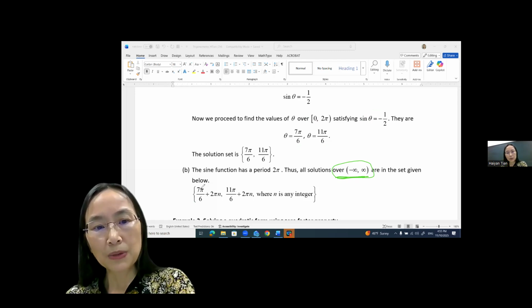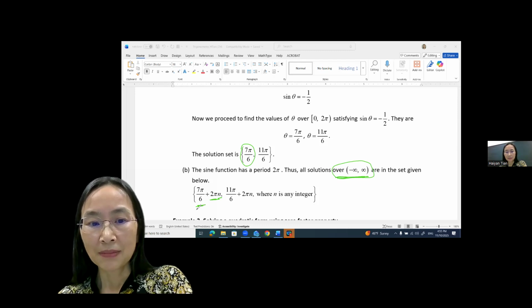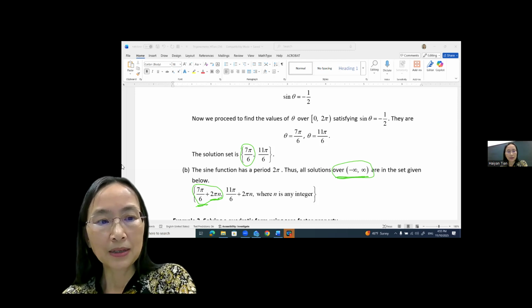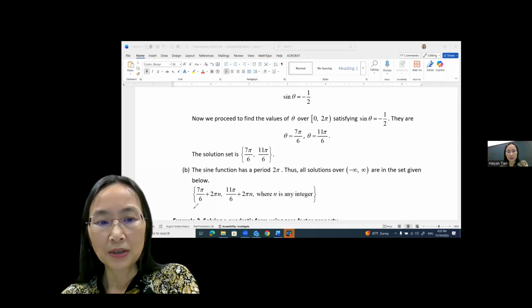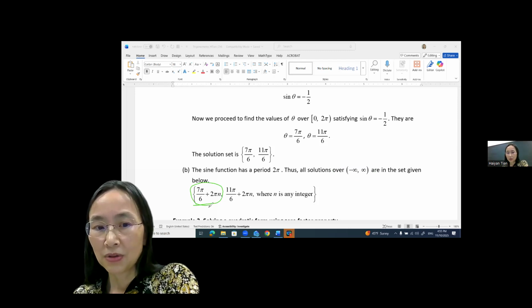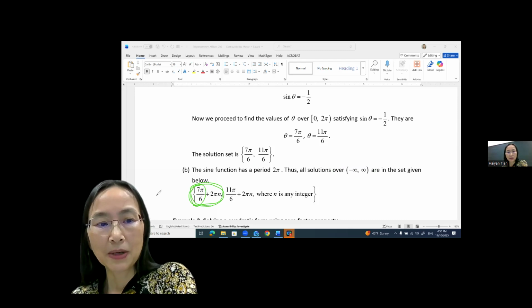The solutions will be with 7 pi over 6: if we add integer multiples of 2 pi to this value, we get all the other angles whose terminal side is the same as 7 pi over 6.